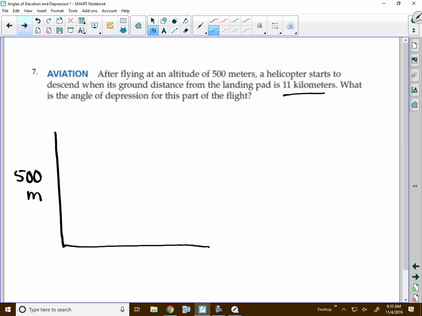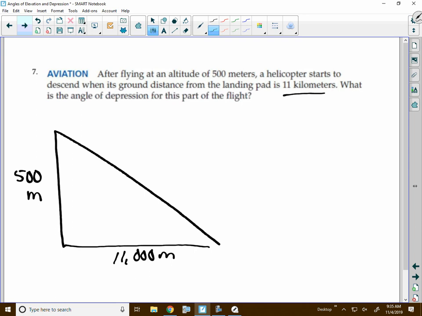How many meters in a kilometer? 1,000. Okay? So 11 kilometers would be how many meters? 11,000. Good. So if that happens, you're going to need to make sure that you transfer. Okay?